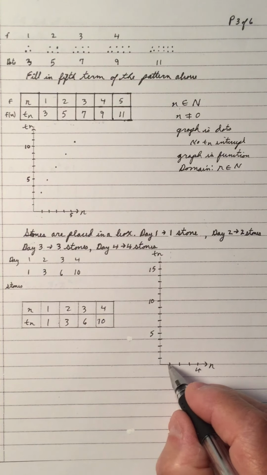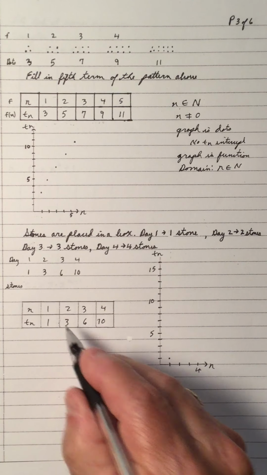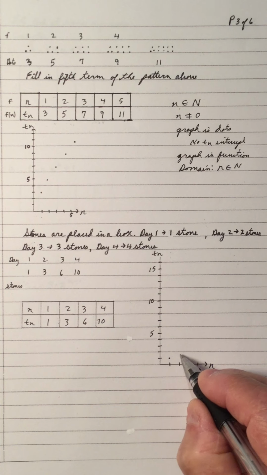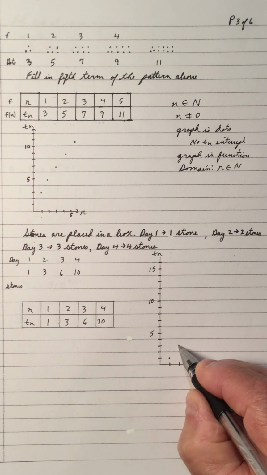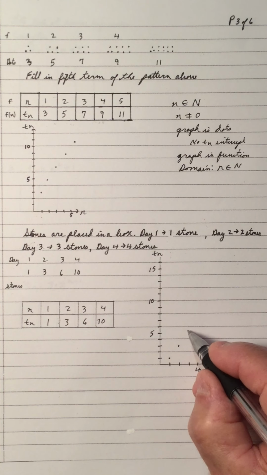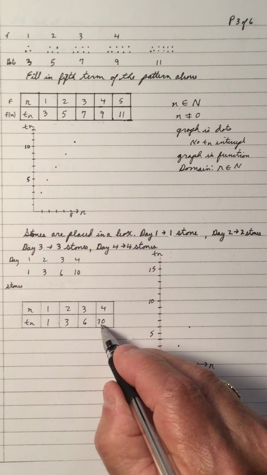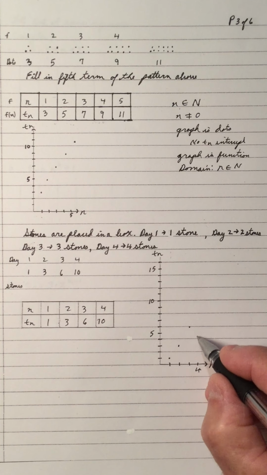When n is 1, Tn is 1. When n is 2, Tn is 3. When n is 3, Tn is 6. When n is 4, Tn is 10.